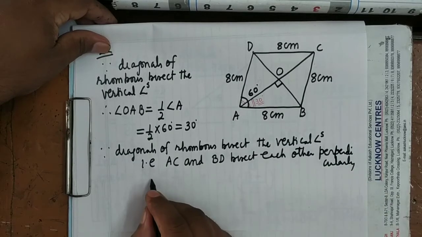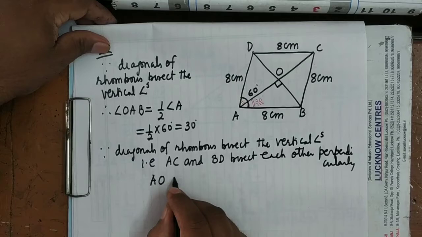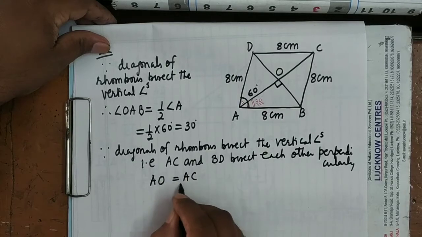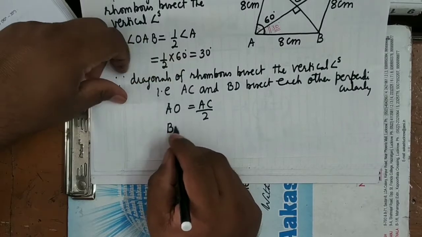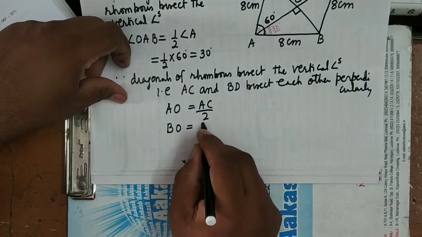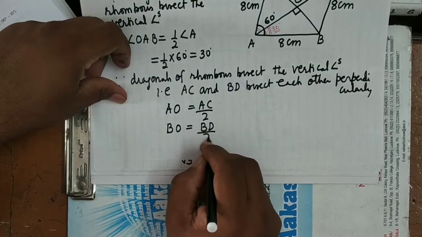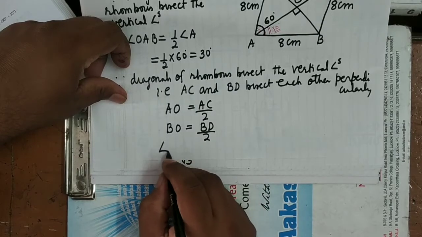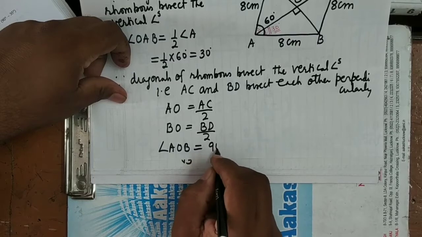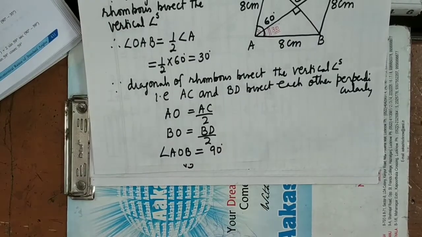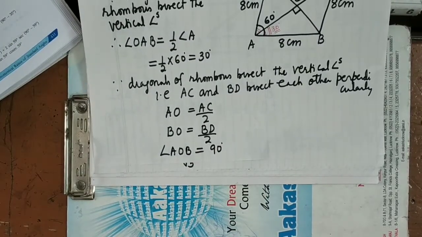So you can write here AO equals to AC by 2. Then BO equals to BD by 2. And angle AOB equals to 90 degree. Angle AOB equals to 90 degree.